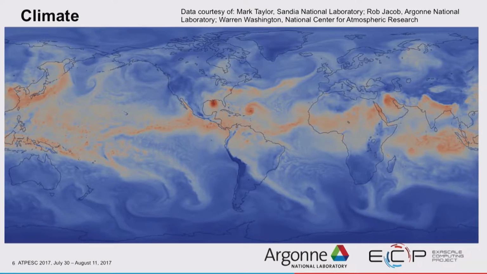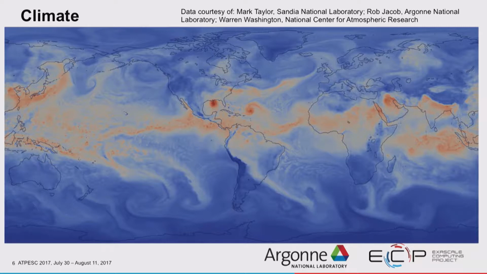This is an example of climate. A number of different climate models were coupled together. The variable we're looking at here is total precipitable water, essentially the amount of moisture in the atmosphere. And you can see where there are some tropical storms that have formed.